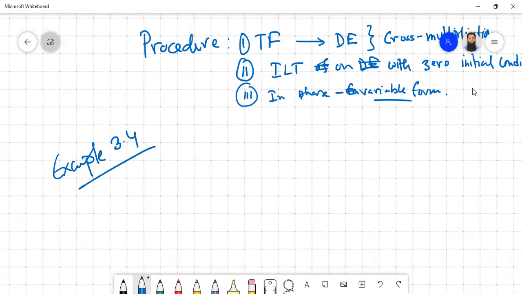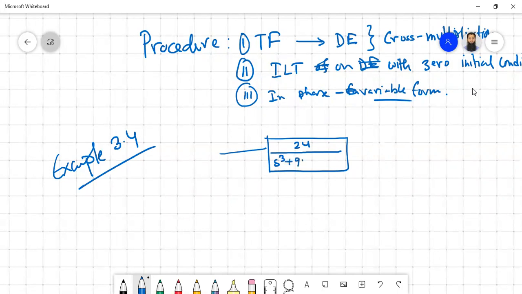One transfer function is given, something like this: 24 divided by s cube plus 9s square plus 26s plus 24. This is your R(s) and this is your C(s).